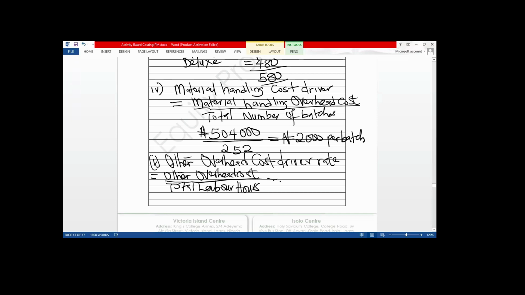So I'll come here. What is the other overhead cost? 864,000 divided by total direct labor hours, 216,000. What do you have, please? 4 naira per labor hour.